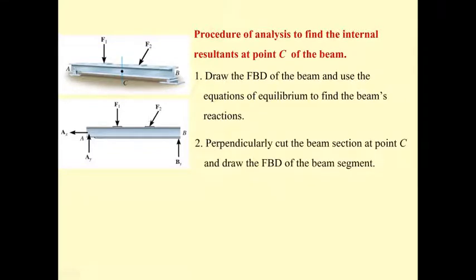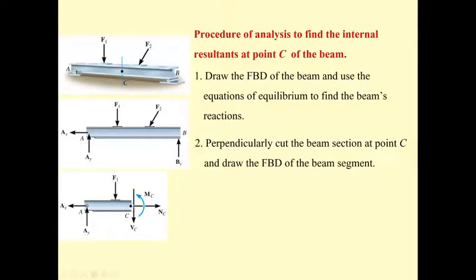After that, you cut the beam section at C perpendicularly to the axis of the beam, and then you may draw the free body diagram of that segment of the beam. Again, since this beam is in equilibrium, when you cut it, this segment of the beam will also be in equilibrium.